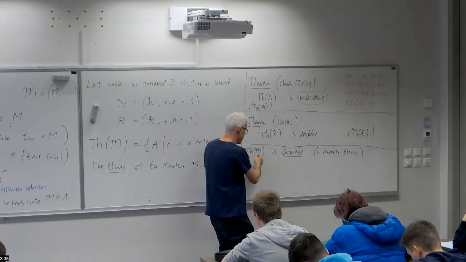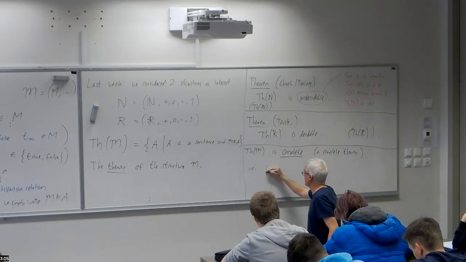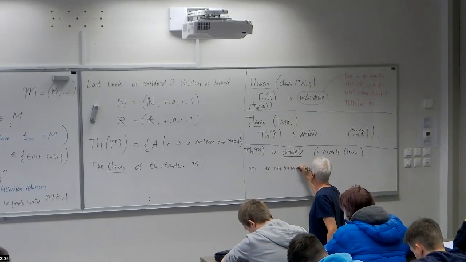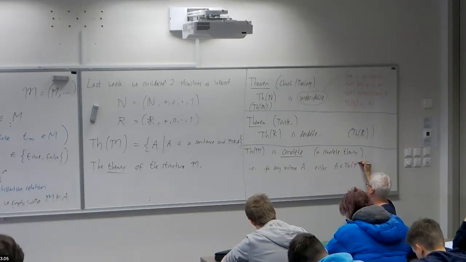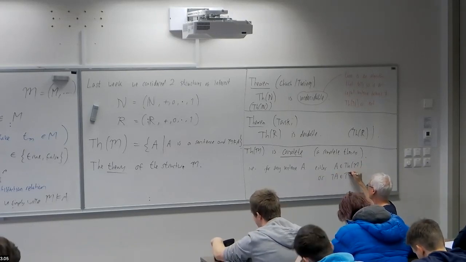So this is the statement of fact. The definition here is, i.e., for any sentence A over the signature, either A belongs to the theory of the structure, or not A belongs to the theory of the structure.